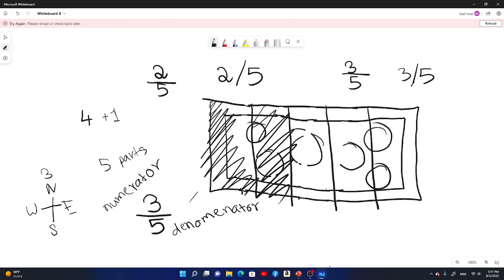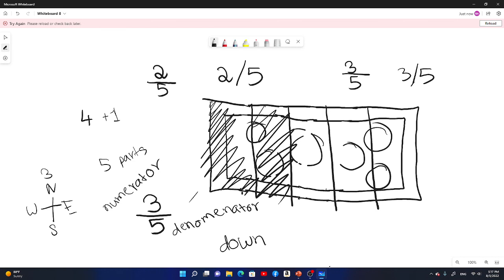North starts with N, numerator starts with N, so 3 is the numerator. And now for denominator, you think of down. Down starts with a D, and denominator starts with a D, and 5 is at the bottom, so 5 is the denominator.